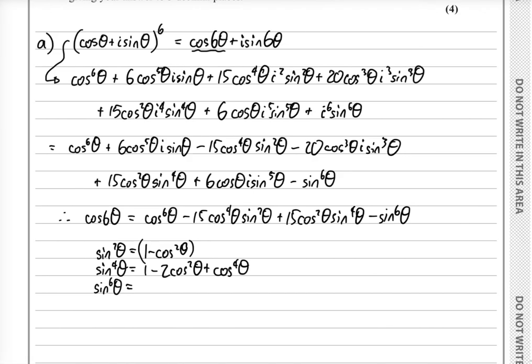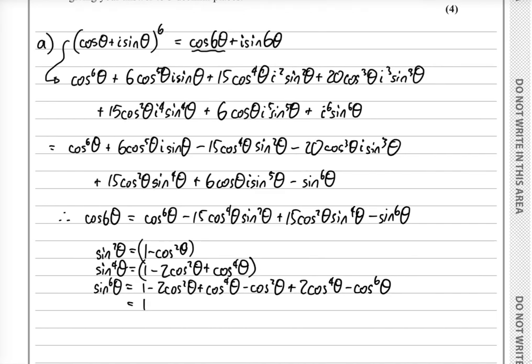So if I put brackets, that one times by this one, if I try and do that directly, try not to mess it up, we've got one lot of each of these. Less likely to mess it up doing it this way, and then minus cos squared times each of these. That's a plus 2 cos^4 and a minus cos^6.